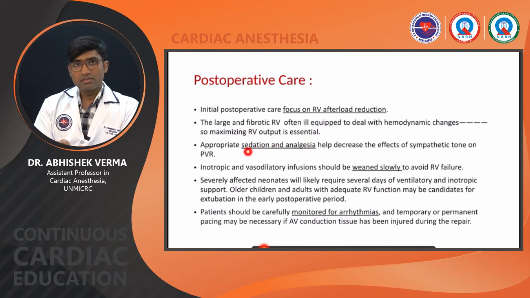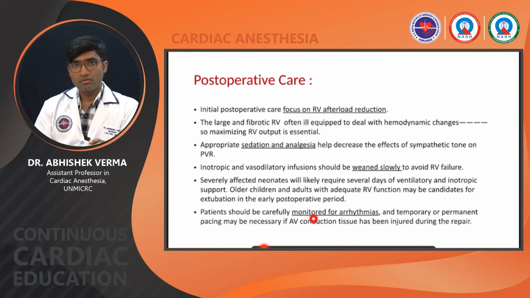We give appropriate sedation and analgesia, and later if the function improves on the echo, we slowly wean our support. If the patient is severely affected, we may require several days of ventilatory and inotropic support. Later, according to echo guidance, we decrease our support, wean the ventilator, and extubate the patient in the post-op period.